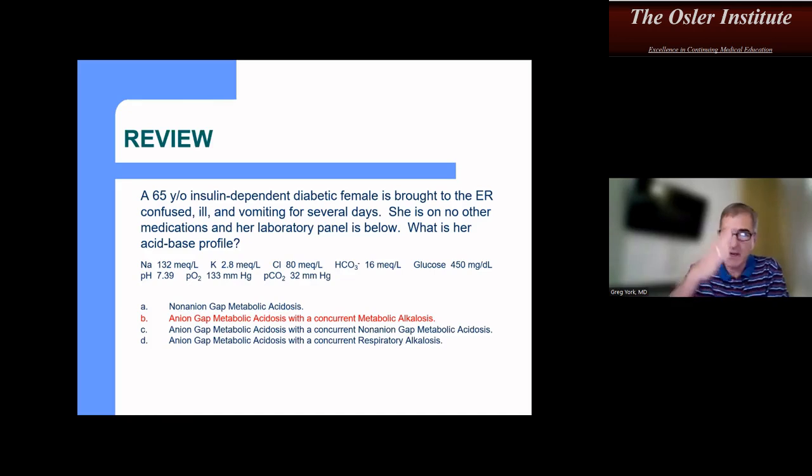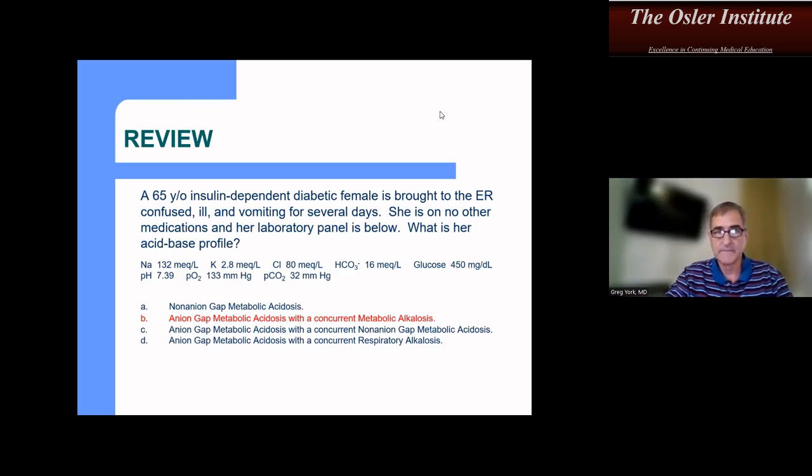In other words, our bicarb should have gone down much more than 16, almost down to non-existent, but it didn't. We retained bicarb for some reason. So we have a mixed entity here of anion gap metabolic acidosis and concurrent metabolic alkalosis.